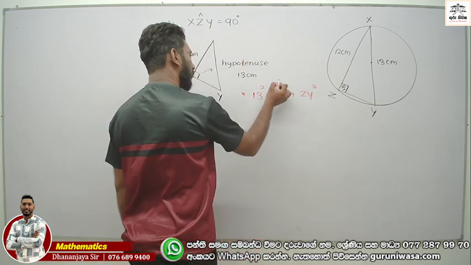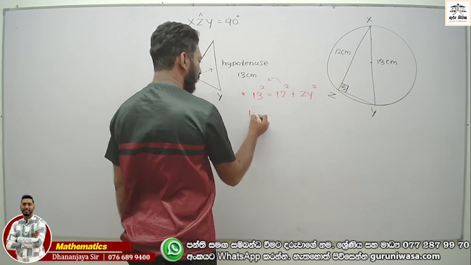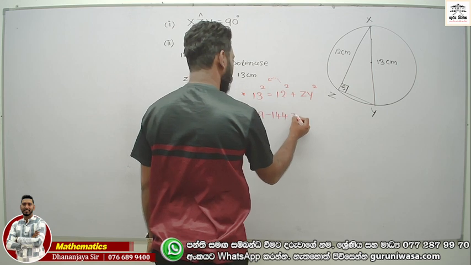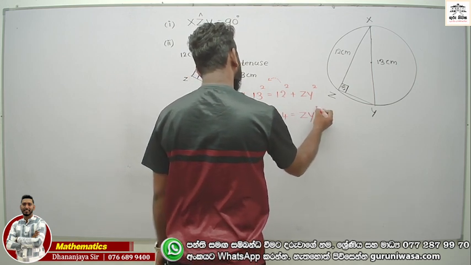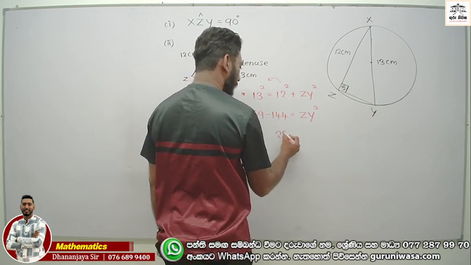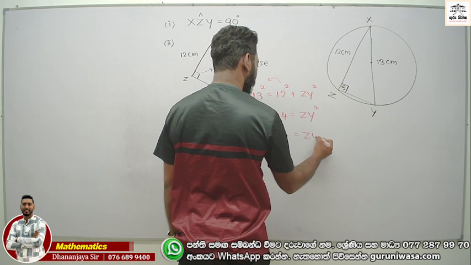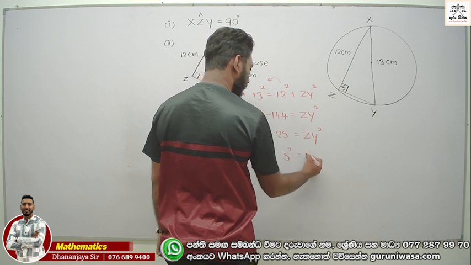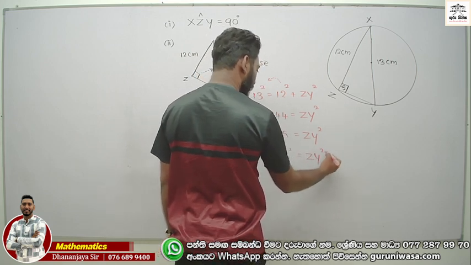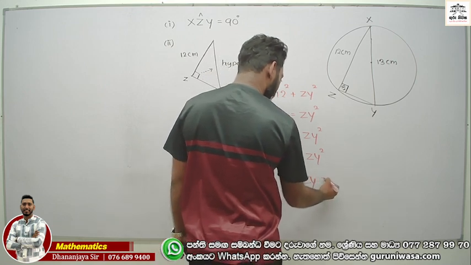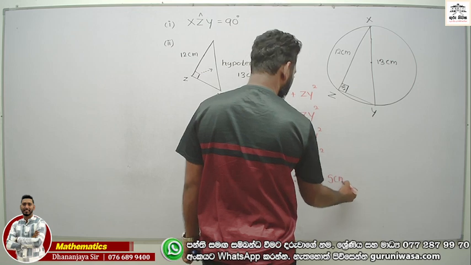Now this one goes to this side, and 13 square is 169 minus 144 equals ZY square. Now 25 is equal to ZY square. Now 25 is 5 to the power of 2 is ZY square. Therefore, you can write ZY is equal to 5 centimeters.